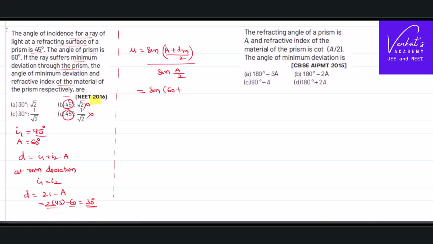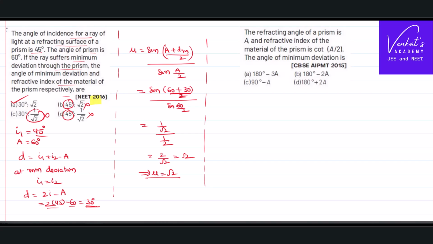A is 60, minimum deviation is 30. Sin 90 by 2 is sin 45, that is 1 by root 2. Sin 60 by 2 is sin 30, that is 1 by 2. That is 2 by root 2, that is root 2. So the refractive index of the prism is root 2. So 1 by root 2 is wrong. This option is right. That's how we have to solve this simple problem.